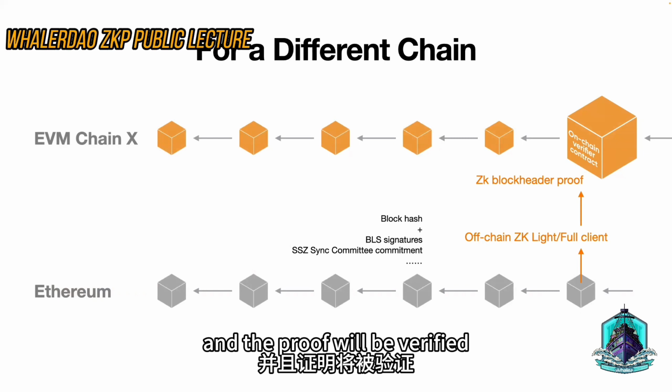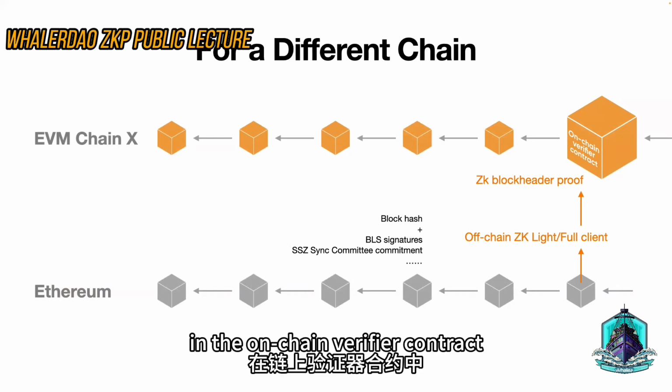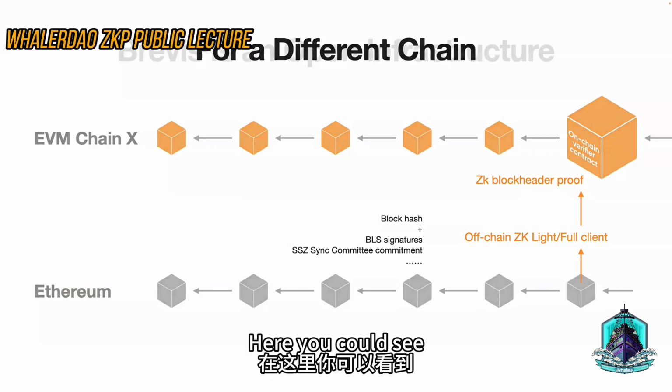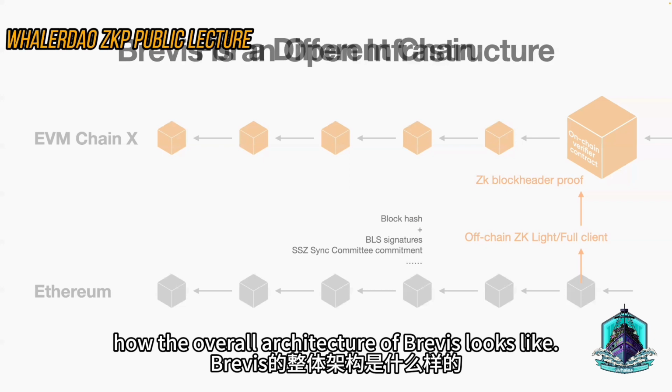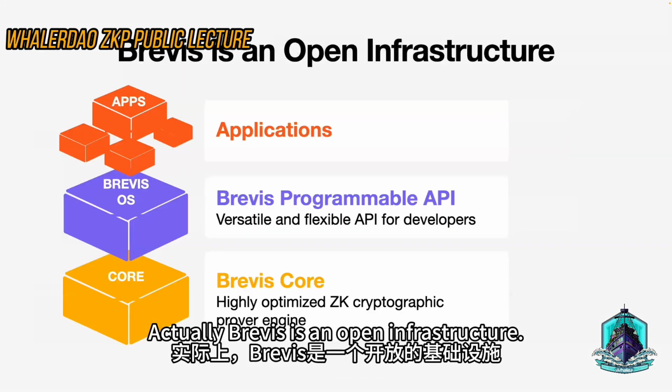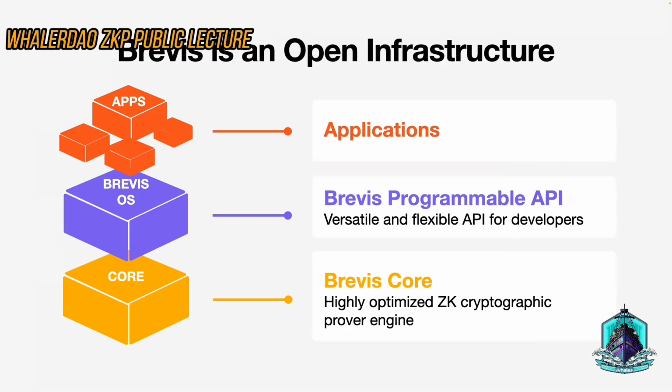And the proof will be verified in the on-chain verifier contract, and then feed the verified state data to the DApps. Here you can see how the overall architecture of Brevis looks. Actually, Brevis is an open infrastructure.